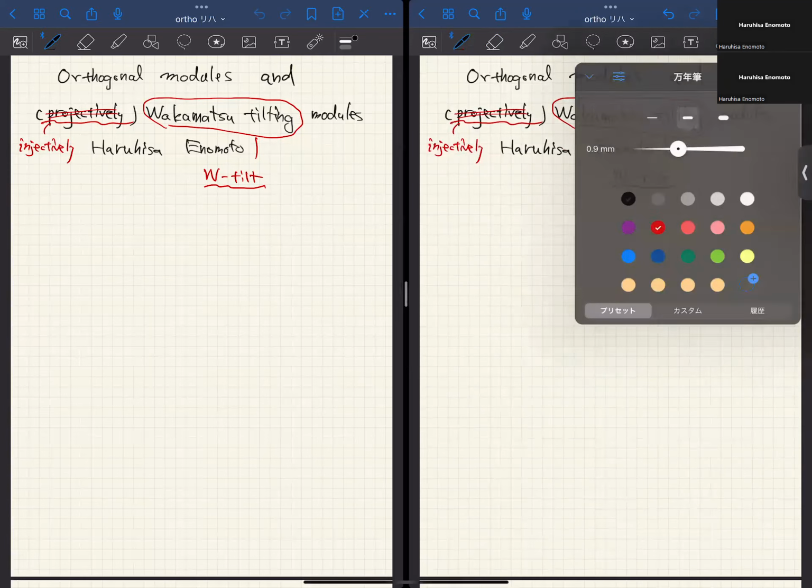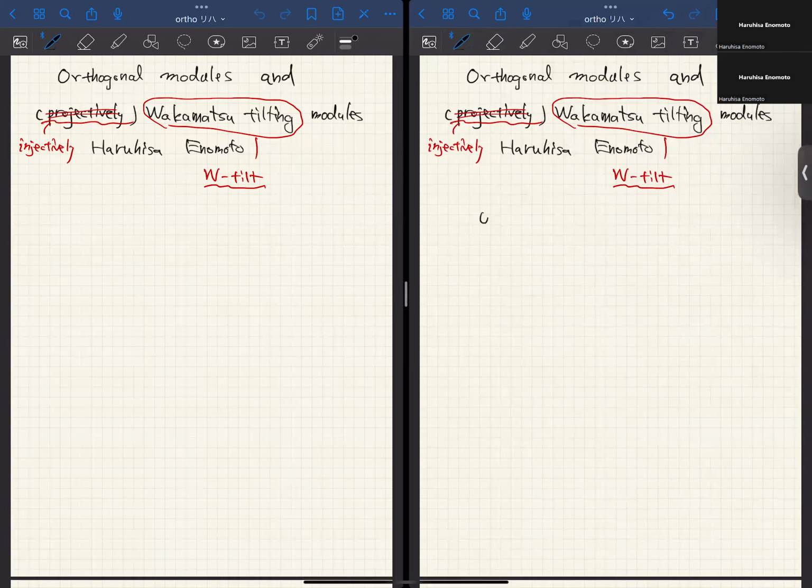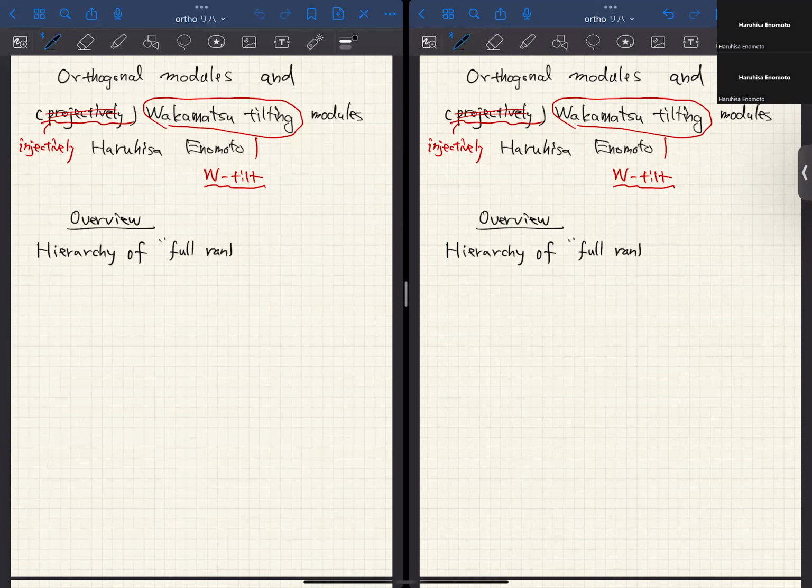So let's start with the overview of today's talk. I will write some big figure here, which is a hierarchy of full rank, not strictly in the strict sense, full rank orthogonal modules.